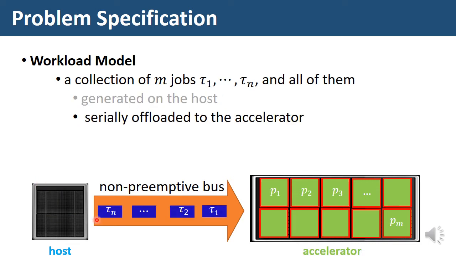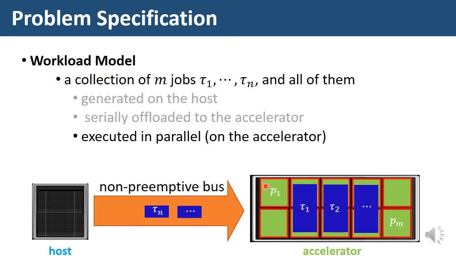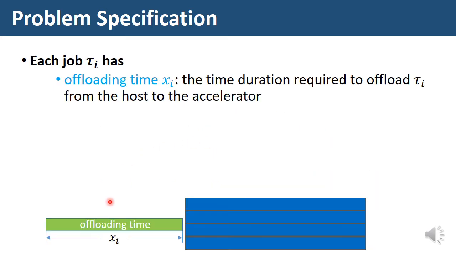And then they are sequentially offloaded to the accelerator. The offloaded jobs are executed in parallel on the accelerator. For each job tau i, we denote its offloading time xi, the time duration required to offload tau i from the host to the accelerator.